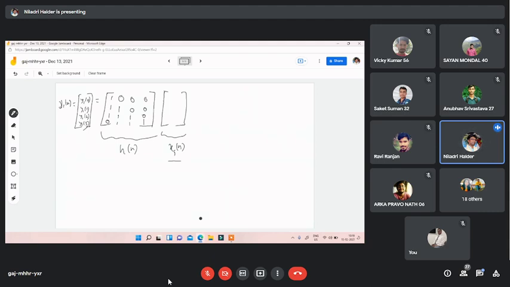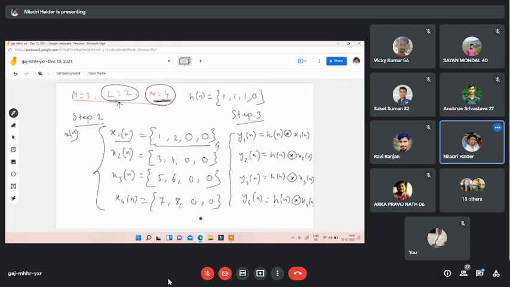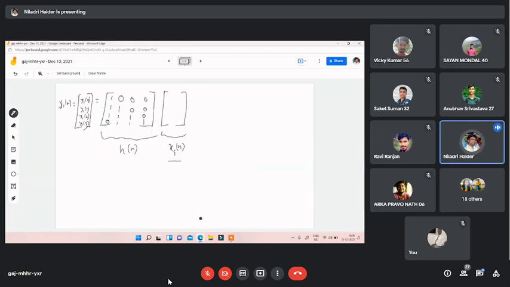And x1n, what value do you have? 1 2 0 0. Simply do the multiplication. Because hn is 1 1 1, the matrix rows will be 1 1 1 0.